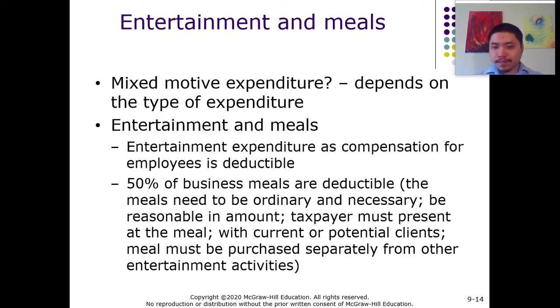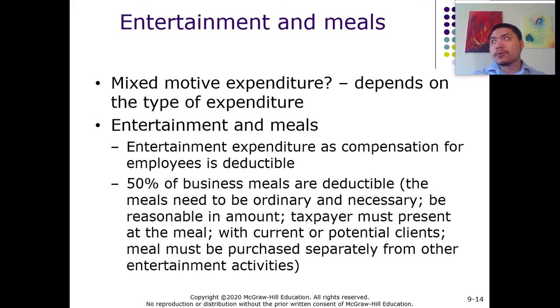It doesn't matter whether the meal is just talking about business activities with clients or not. As long as the meal is related to business activities, the taxpayer can only deduct 50%. However, if the meal is purely for personal purposes, then it is not deductible.